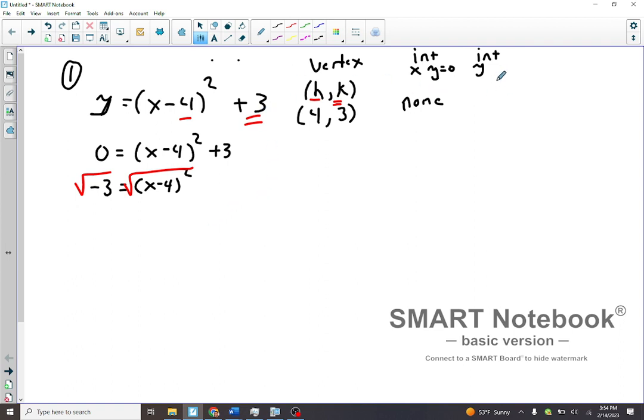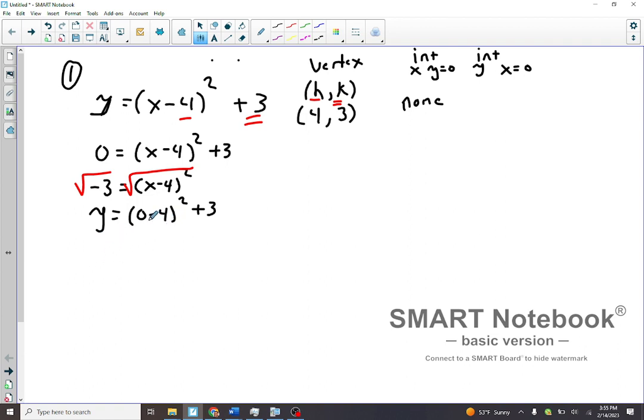And then if you want the... Y equaling 0 finds you the x-intercept. And then the y-intercept is going to be the opposite, where x equals 0. So in this case, I'm going to plug in 0 for x. So y equals (0 - 4)^2 + 3.